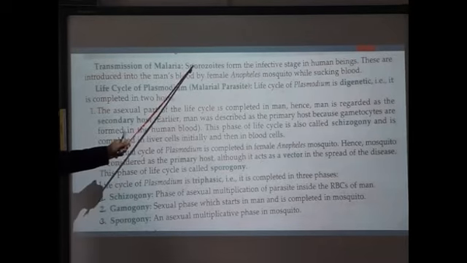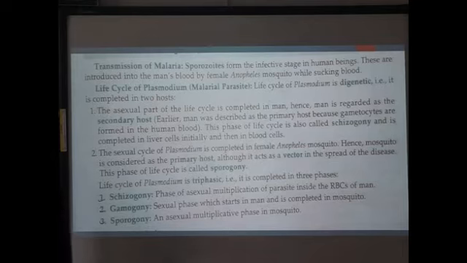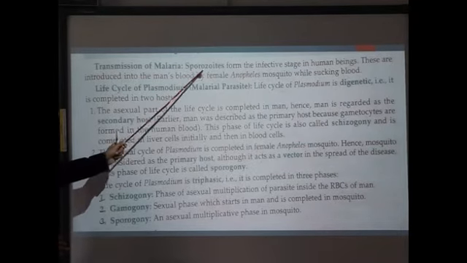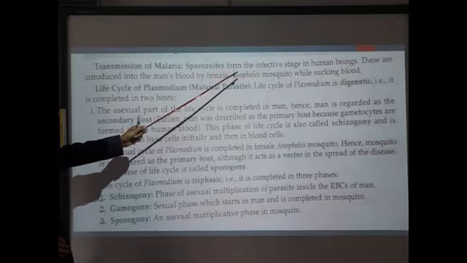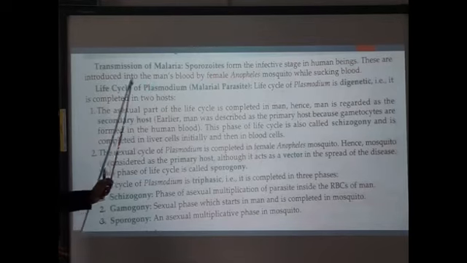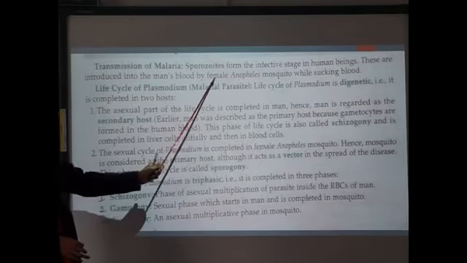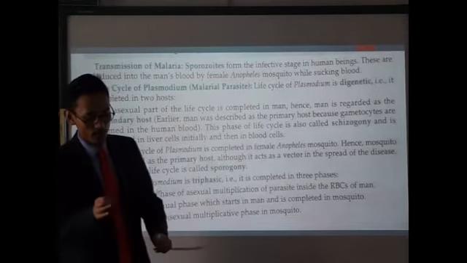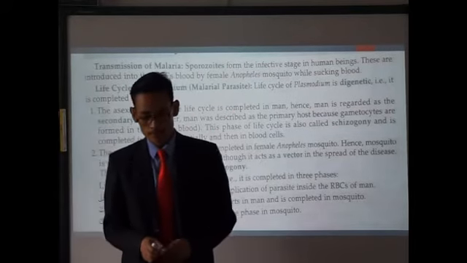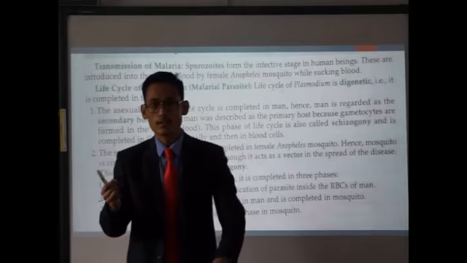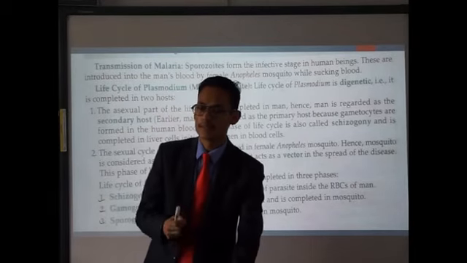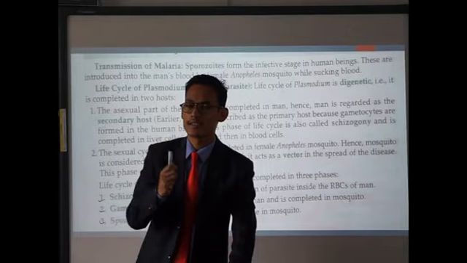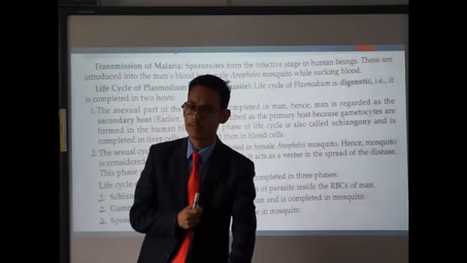Transmission: sporozoites are the most infective stage in malaria. Sporozoites form this infective stage in human beings. These are introduced into the human's blood by the female Anopheles mosquito while sucking the blood. Very easy. Suppose a mosquito comes and bites an individual who is not infected by Plasmodium.